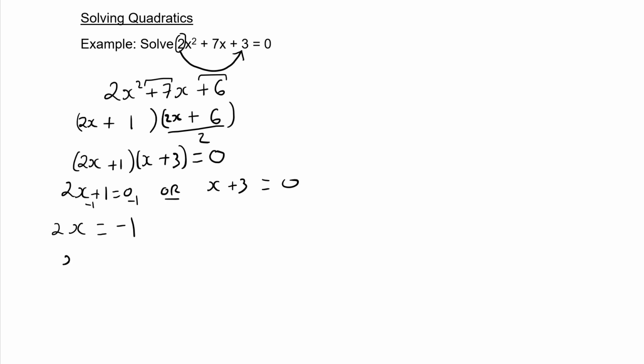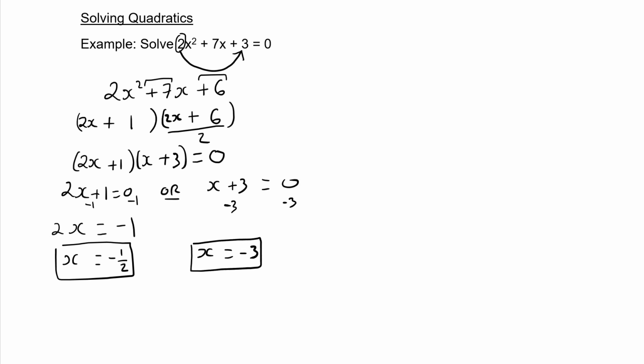I can then divide both sides of the equation by 2, giving me that x is equal to minus 1 divided by 2, which is just minus a half as my answer. On the other hand, if x plus 3 is equal to 0, then I can simply subtract 3 from both sides of the equation, giving me that x is equal to 0 take away 3, which is minus 3. So these are my solutions to the quadratic equation.